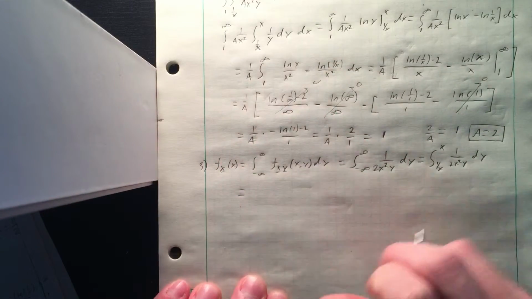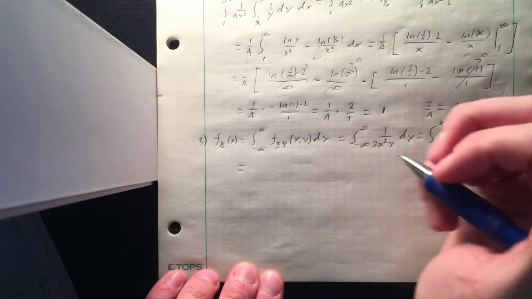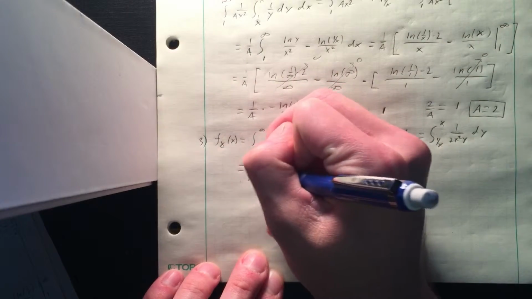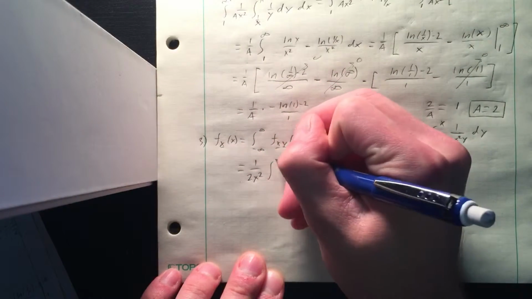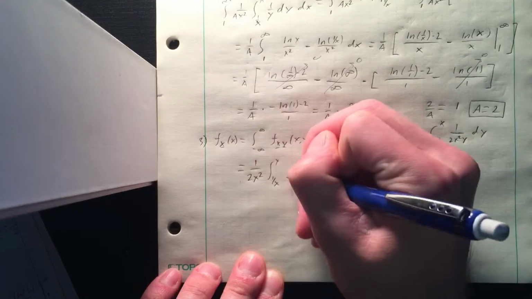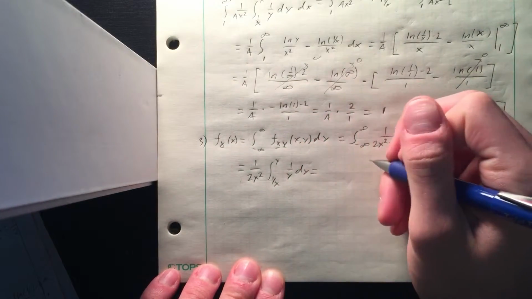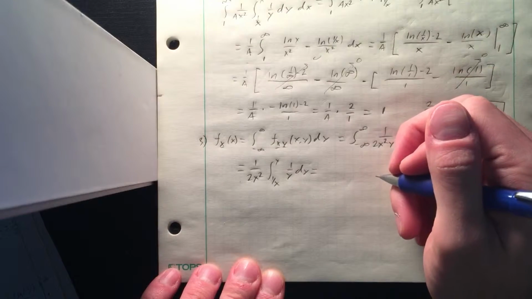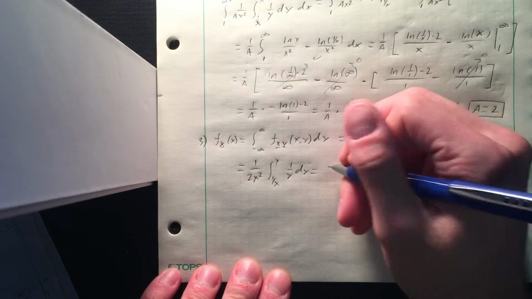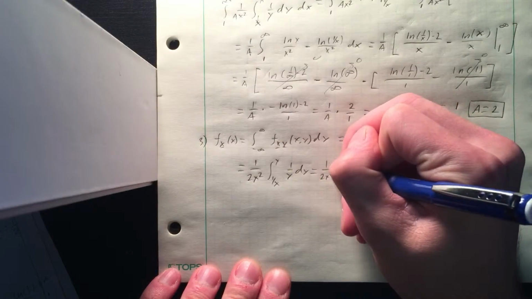So we'll continue further down here, pull out the 2x squared and integrate from 1 over x to x of 1 over y dy. You might have noticed this looks very similar to before, so that helps a little bit too.